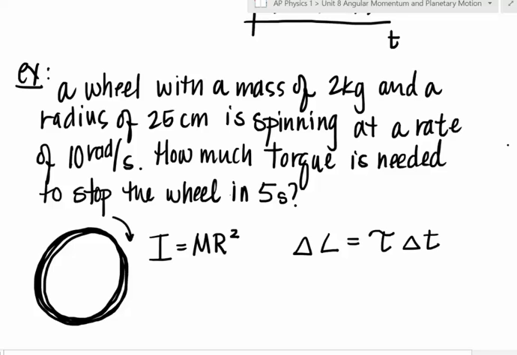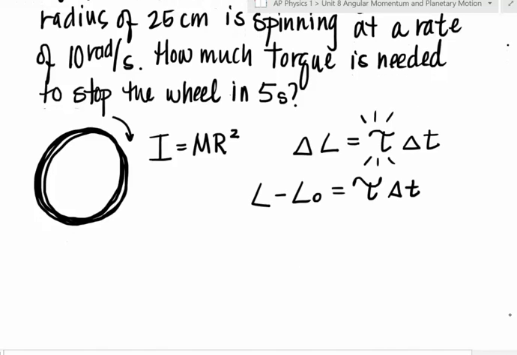So I'm looking for the torque. How could I find the torque? Can you find the change in angular momentum? So let's see. We'll have our final angular momentum minus our initial angular momentum equal to the torque times the change in time.